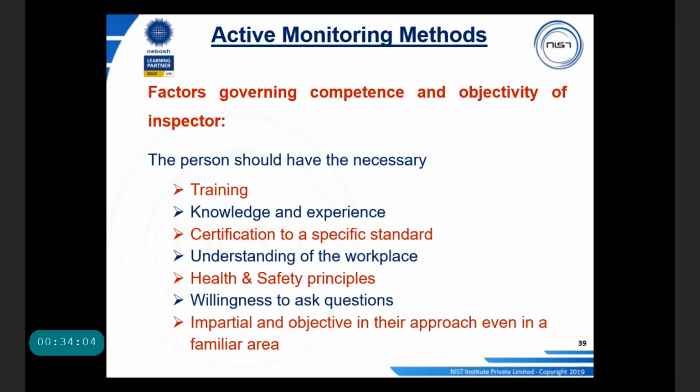Here, this objective does not mean objective as in target or aim. That's not what is meant here. The inspector should be objective. That does not mean that he's going to set a target, right? So what do we mean by objective here? I can give you a clue. It's the opposite of subjective.